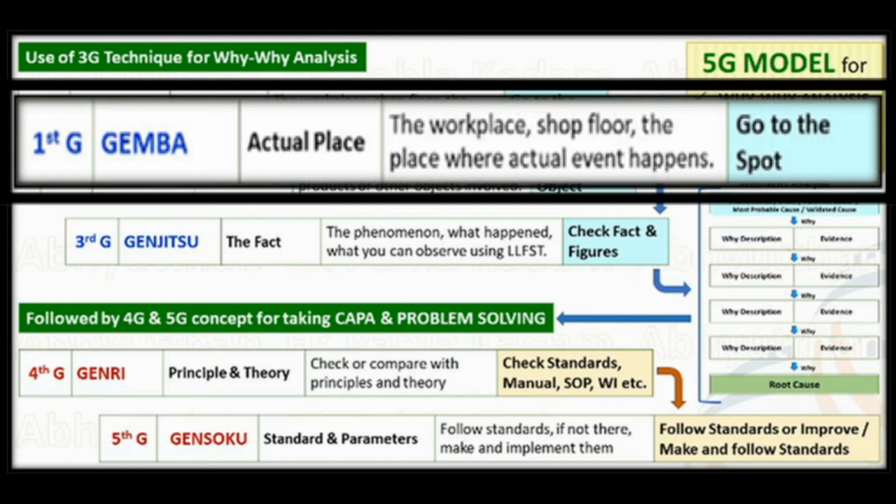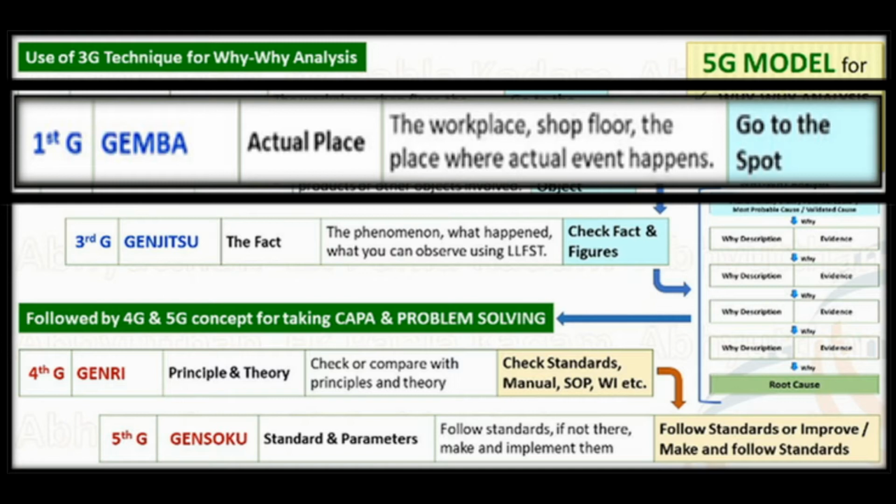Gemba means where the problem is happening, where the activity is happening, the actual workplace, the shop floor, the place where the actual event happens. Understand this about gemba: it is the actual place where any activity or action has happened.